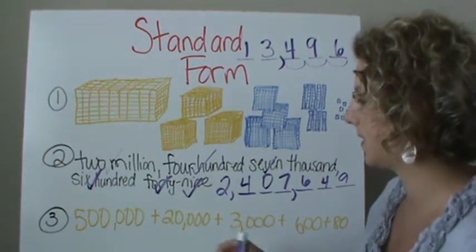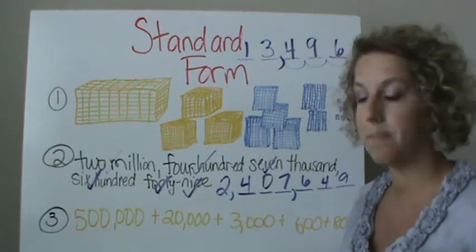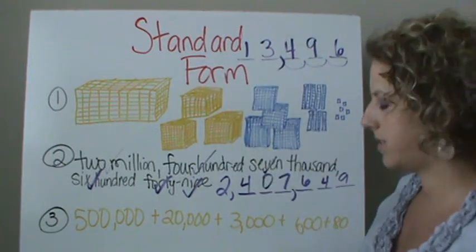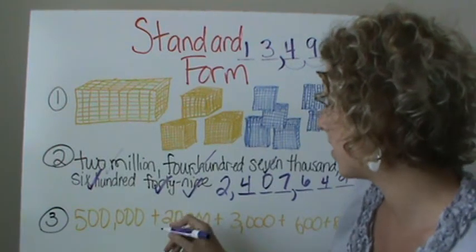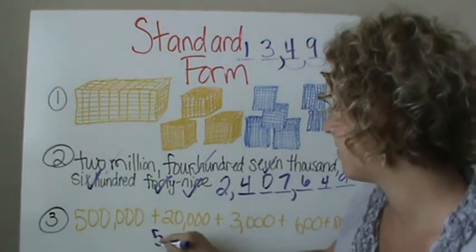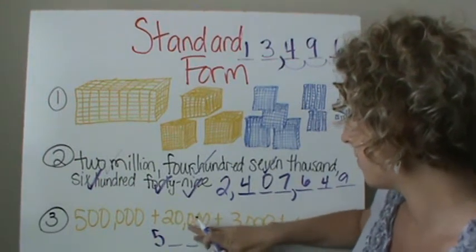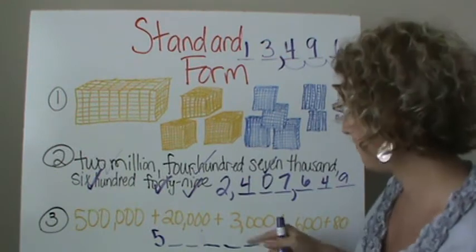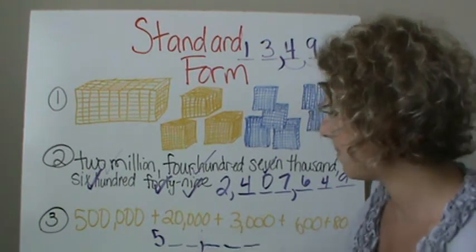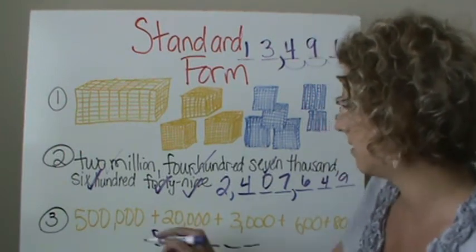2,407,649. Then, if it's given to you in expanded form, you can still turn it back into standard form. So if we have 500,000, I can go ahead and write 5 with my 5 spots behind it. 1, 2, 3, put a comma behind me. I know that 5 is there.